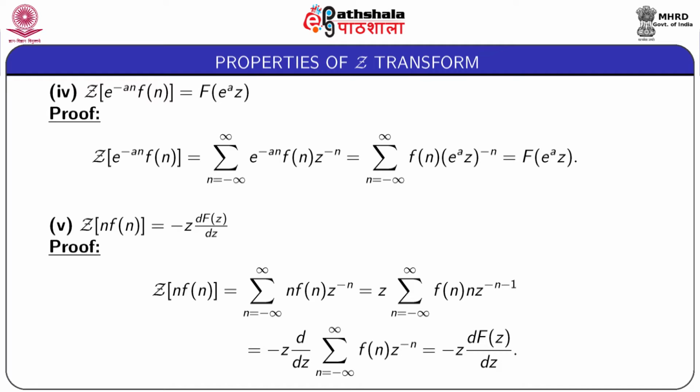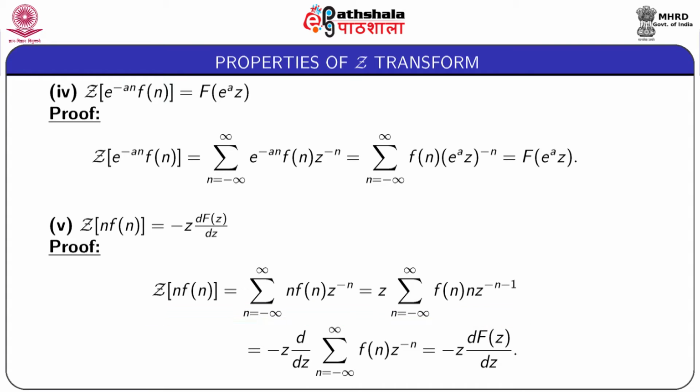For proof, we start with Z transform of n f(n), which according to the definition is summation n equal to minus infinity to plus infinity n f(n) z to the power minus n. This is equal to z into summation n equal to minus infinity to plus infinity f(n) n into z to the power minus n minus 1.